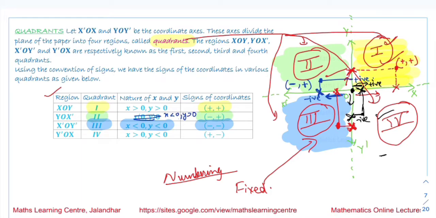So in the fourth quadrant the x coordinate is positive and the y coordinate is negative. This is mentioned over here. These are called the sign conventions, or the signs of the coordinates in the quadrants, that is, in which quadrant what will be the sign of the coordinates.